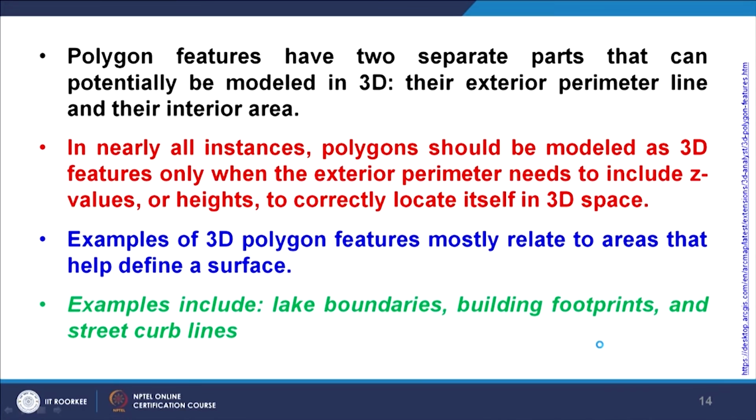But take lake boundaries: lake water is flat, so we can consider it very well, and therefore a lake boundary can be represented as a polygon, no issue. But a lake can have depth, and depth can be represented as a 3D polygon if that information is available.